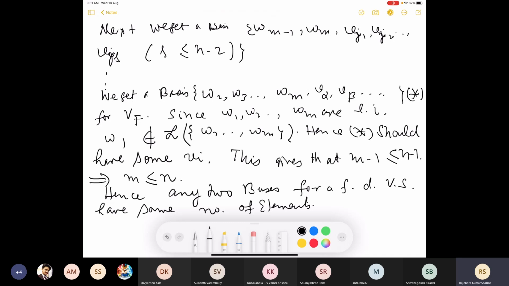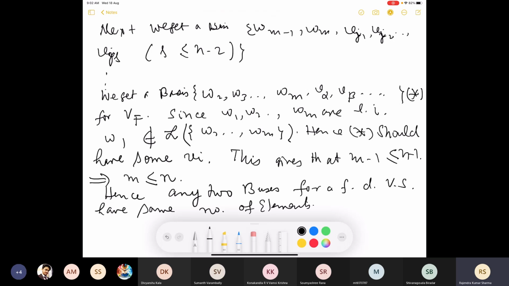Naturally, for example, Fn is also a vector space over F, and Fn and Fm are isomorphic, you can prove in that case.